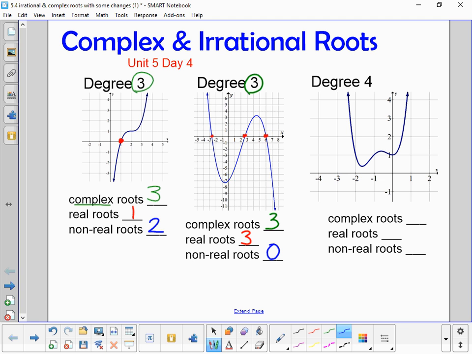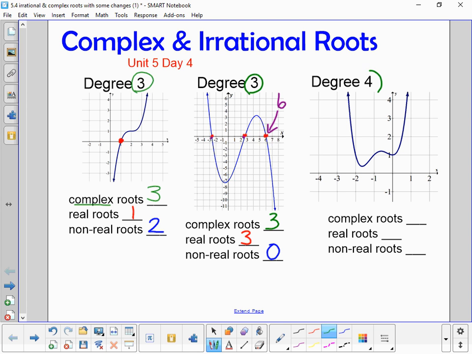All 3 of the roots are real. Now in this case, if you look at those roots, one of those roots is an integer. It has a root of 6. But the other 2 are not integers, so we'll learn more about how to find those types of roots in a minute.